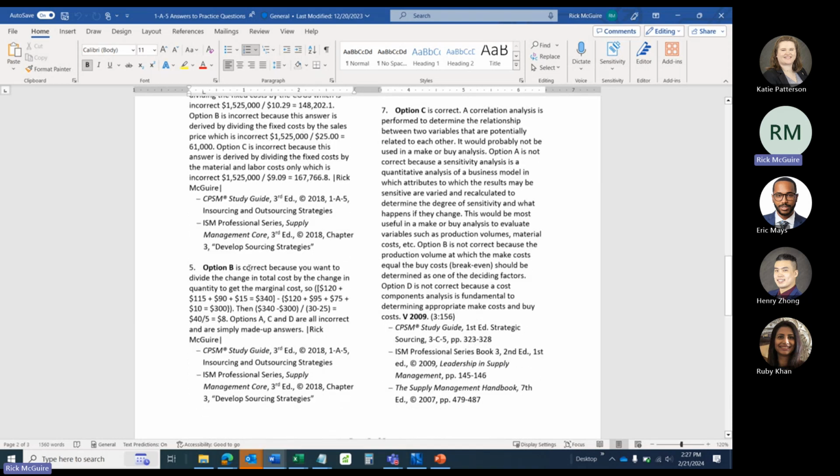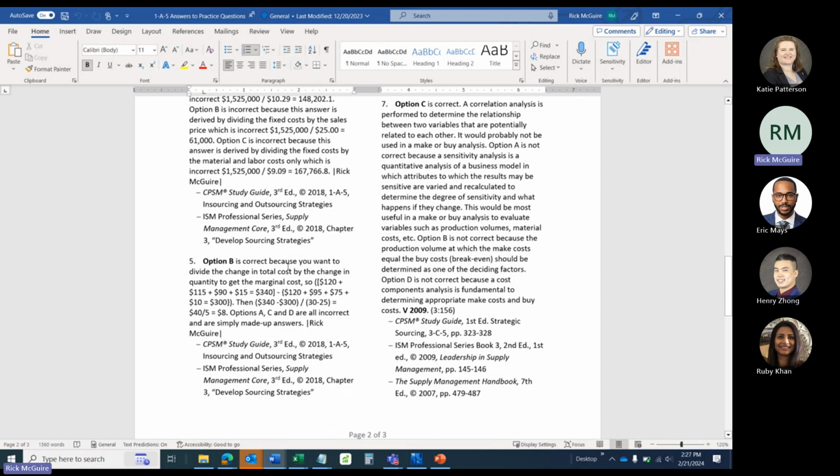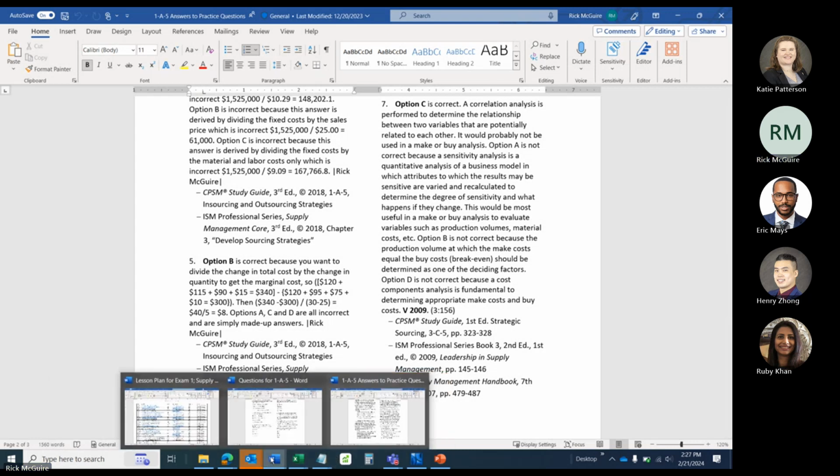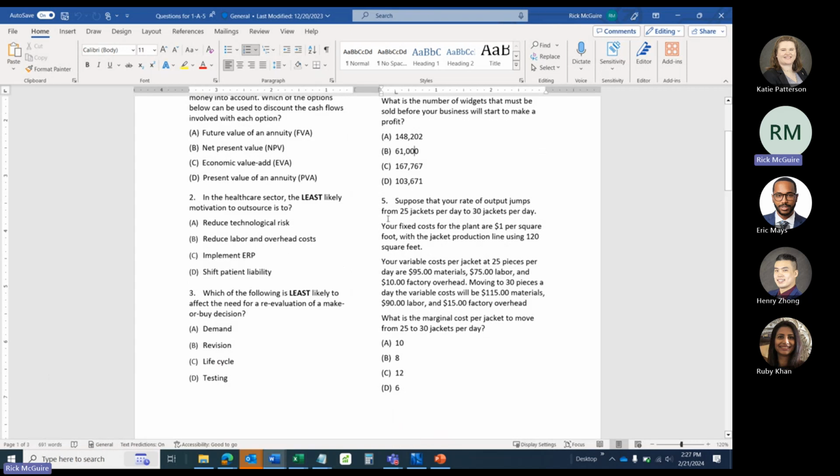And then 5 is another kind of strange average cost, marginal cost question. Remember, your marginal cost is what it costs to add one more unit. So you add up all of the variable costs, and they've got some red herrings in here. Fixed costs are $1 per square foot using 120 square feet.